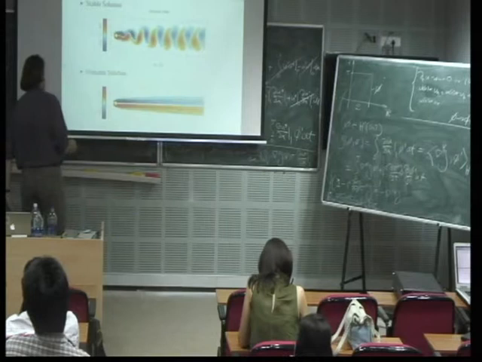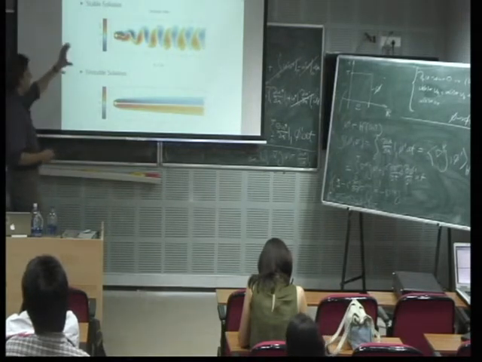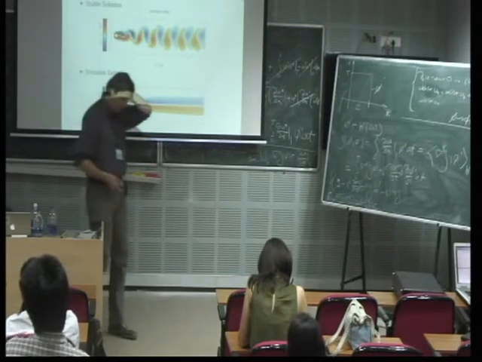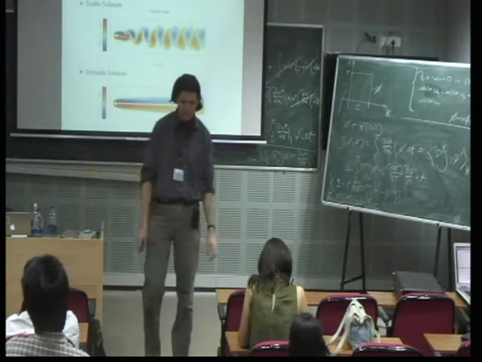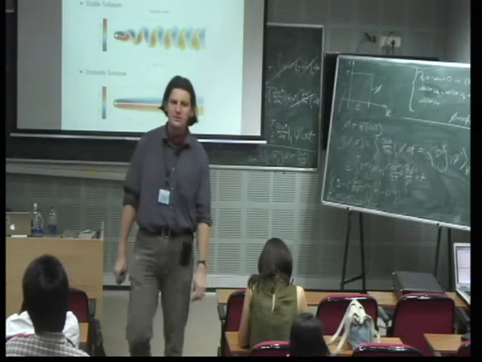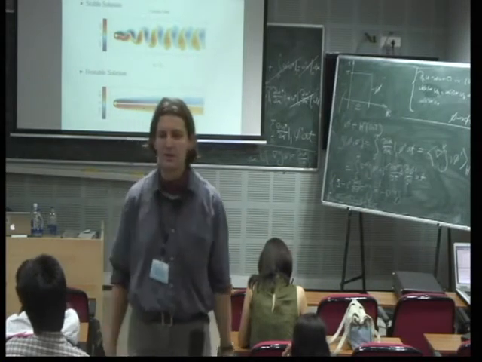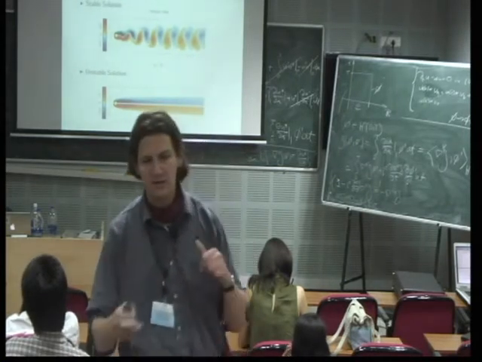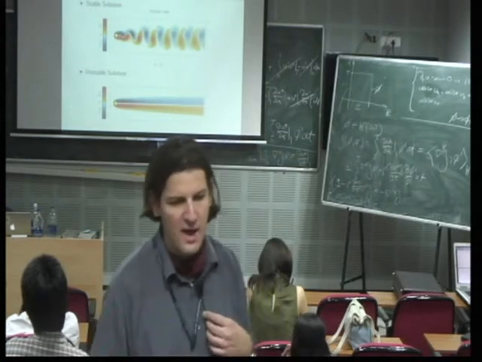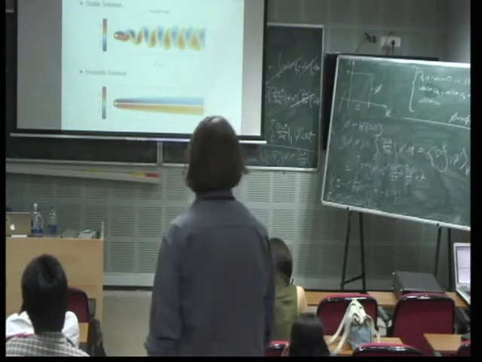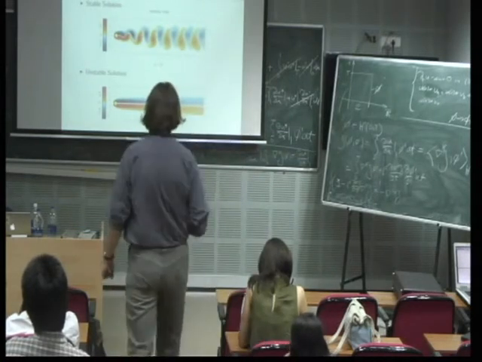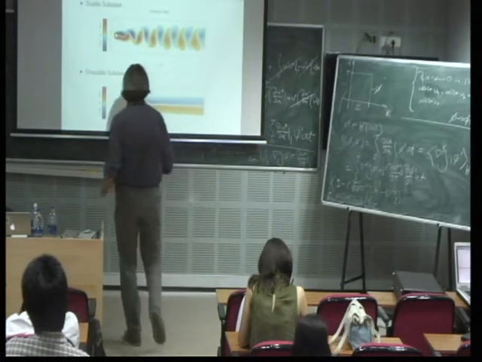And as motivation, I would like us to consider these two snapshots of vorticity. So these two fields represent two solutions of the Navier-Stokes system corresponding to exactly the same boundary conditions, exactly the same domain, and exactly the same equations, of course.